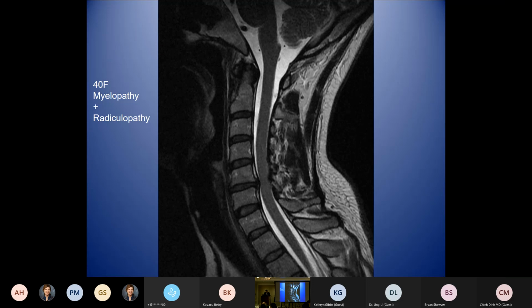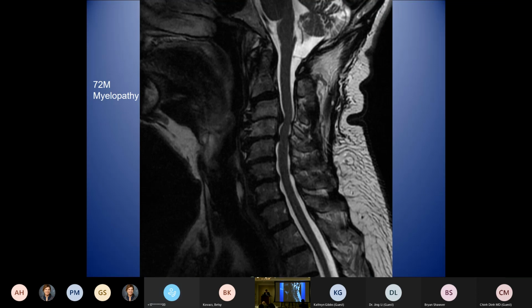And on this MRI, you can see this is a young person's MRI, right, with very little disc degeneration, very little spondylotic changes. And here at C5-6, we can see that there's a central disc bulge that's causing some deformation of the spinal cord and some stenosis in the central canal. I didn't put up all the axial images just to keep this moving along.